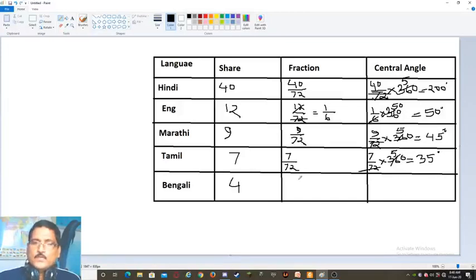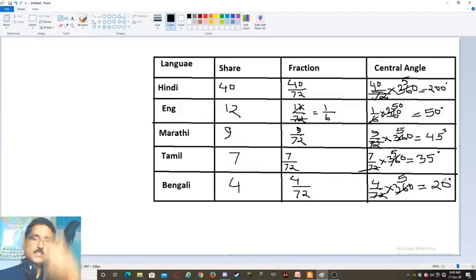Clear? Now 4 by 72 multiplied by 360, cut 72, 5 times 360. Now 5 4s are 20 degree. So I have converted the information in terms of degree.